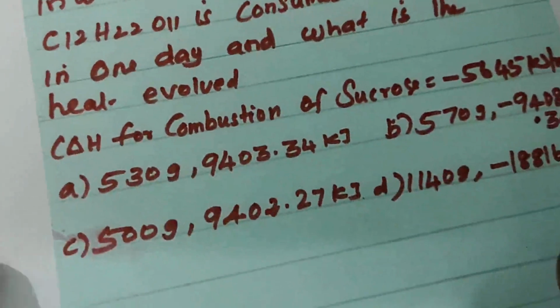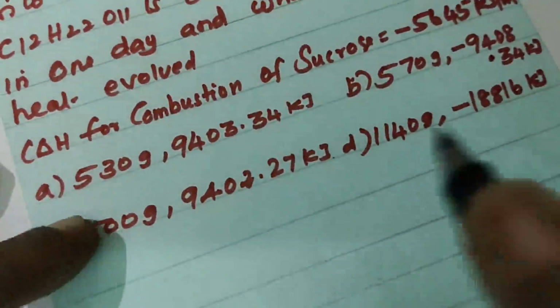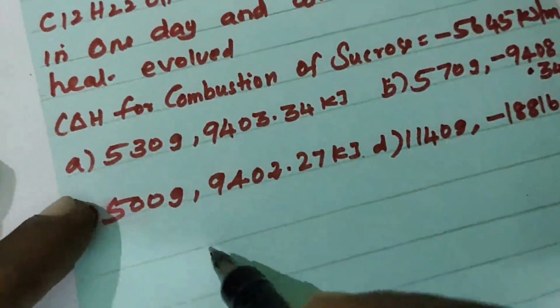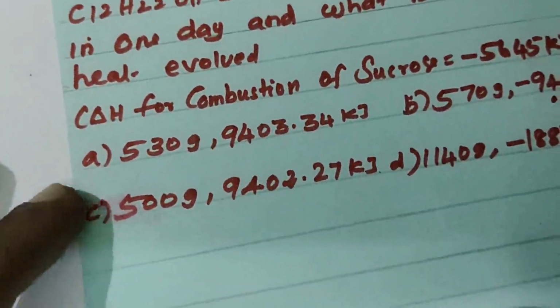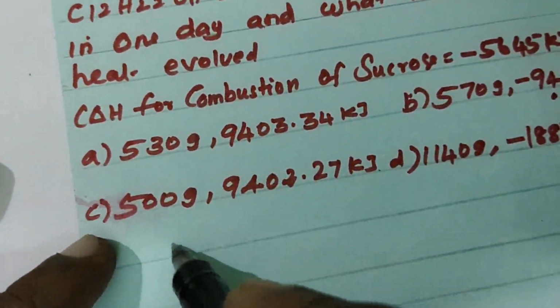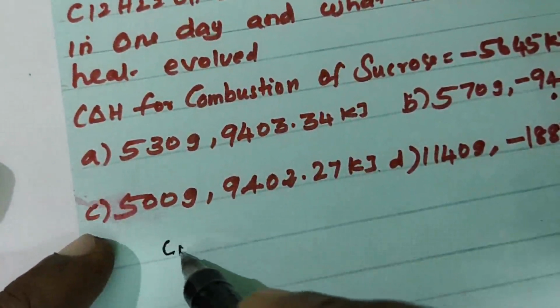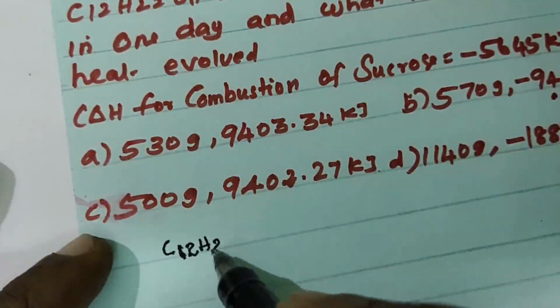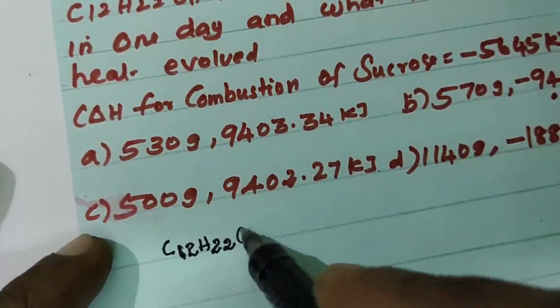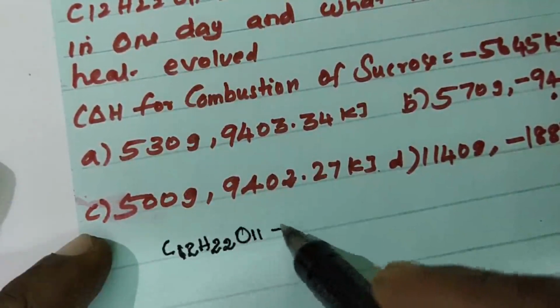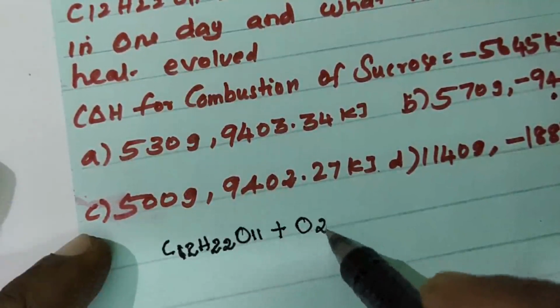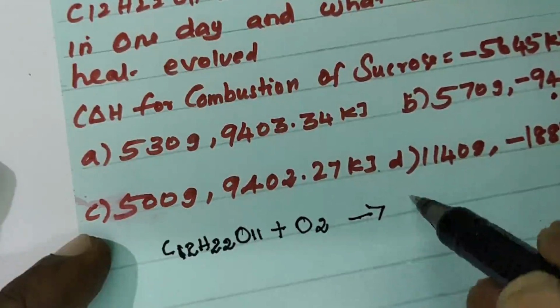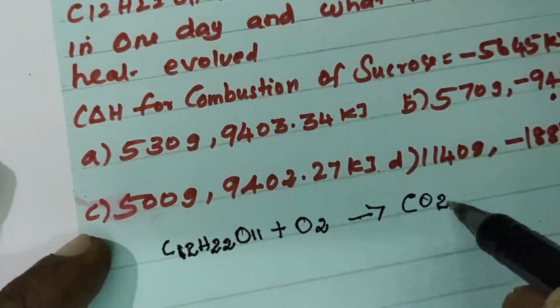The sucrose formula is C12H22O11. On oxidation it burns in air to form carbon dioxide and water.